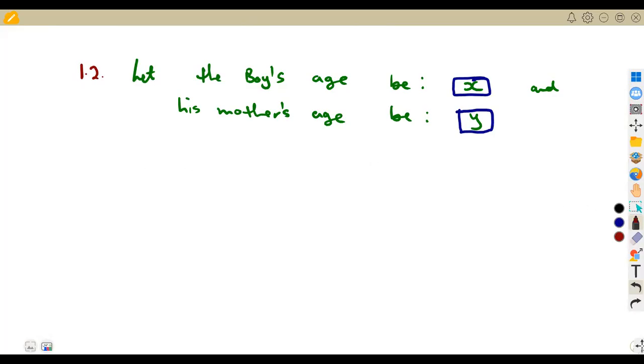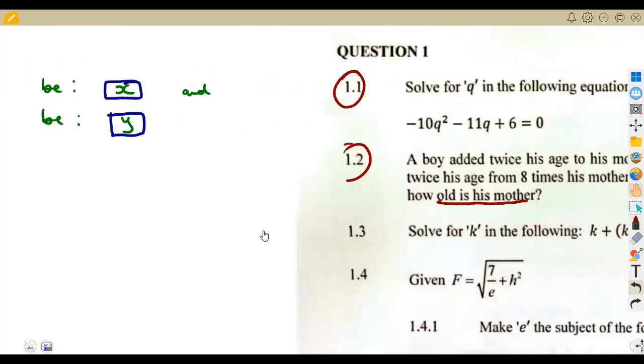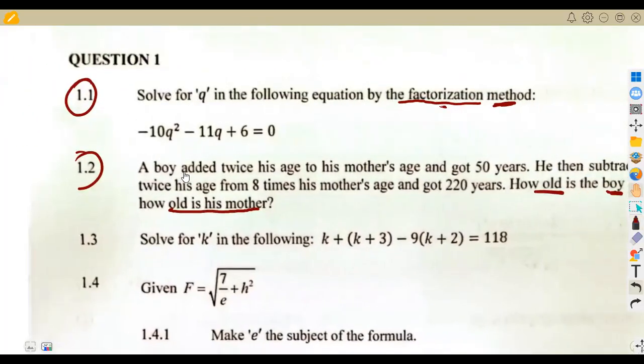Let's get back to the statement. They are saying a boy added twice his age. Remember, his age is x. Twice means 2 times, so 2 times x is 2x.